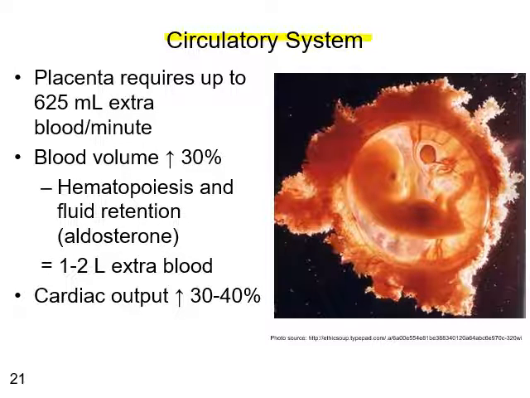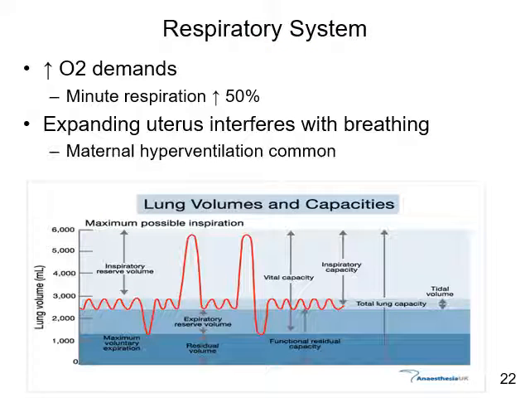The circulatory system is covered in AMP2, and the main point here is that the heart's cardiac output is increased by about 1/3 during pregnancy due to increased contractile strength and increased blood volume. There are changes in the respiratory system.